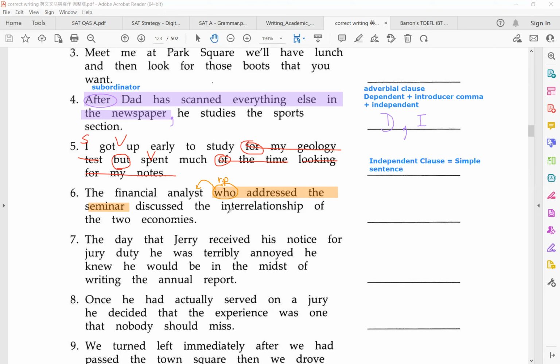And since I'm referring to a specific analyst, the one who addressed the seminar, not just any analysts, I need to make sure it is an essential adjective clause because I'm referring to a specific analyst, not just anyone. All right. And that is how you differentiate different clauses and punctuate them accordingly.